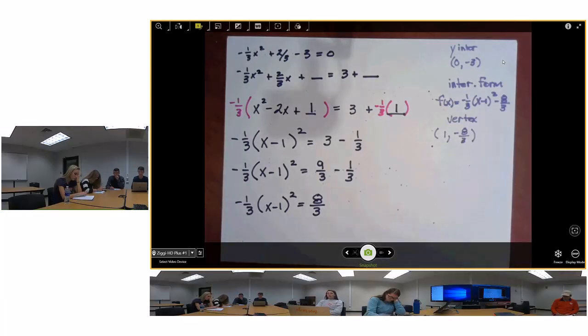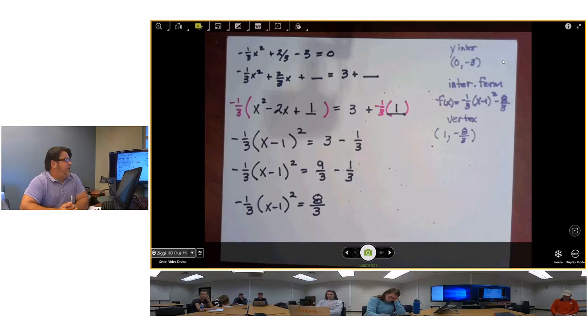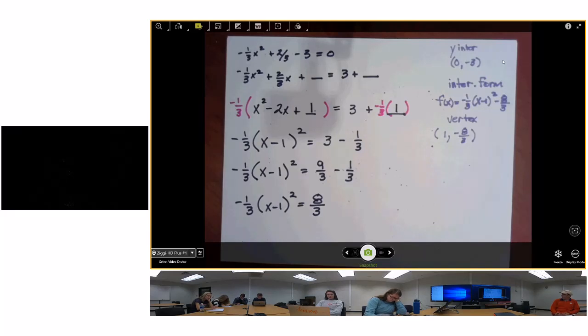Okay, now I want everybody to solve it. Solve it for x. First of all, is there any x-intercepts? Or yes. No, there's not. You were right the first time. No, because what happens when you divide 8/3 by -1/3?